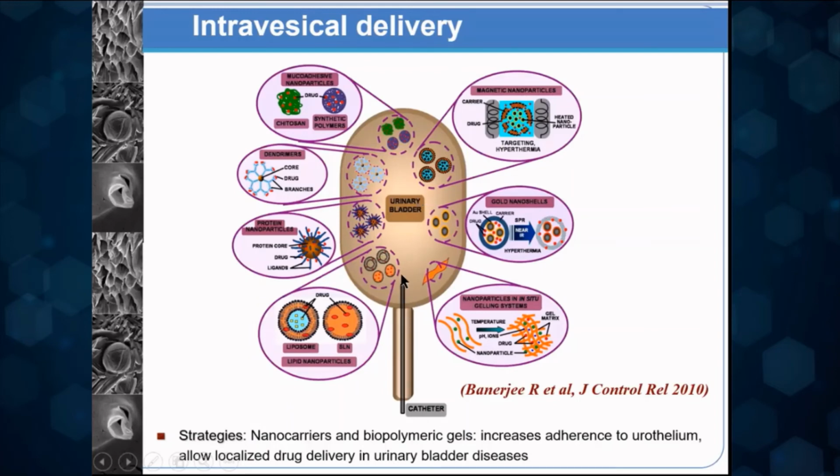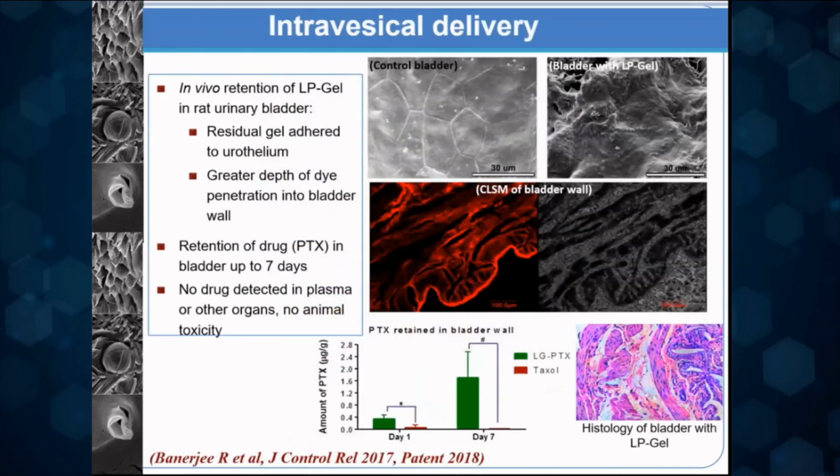If I give the drug directly through the urethra, as you can imagine, its residence time is going to be only dependent on the first urination. So the challenge here is, can we design strategies by which your biomaterial is actually going to coat the urothelial surface and be stable and form a gel so that it forms a depot inside the bladder?